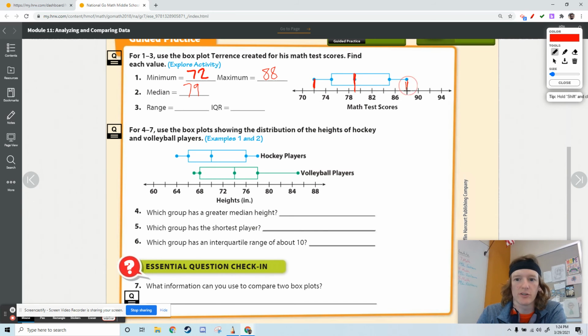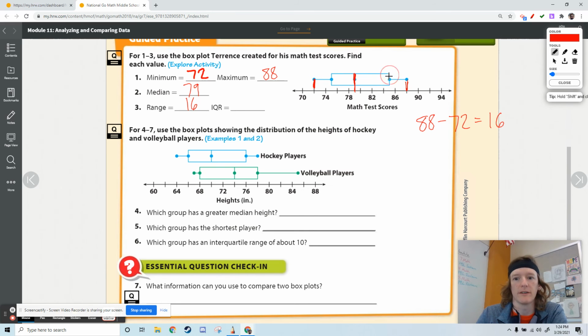The range, this person's score, he gets an 88 at best, and at worst, he got a 72. So the range here, 88 minus 72 is 16. So he's usually within 16. Okay.